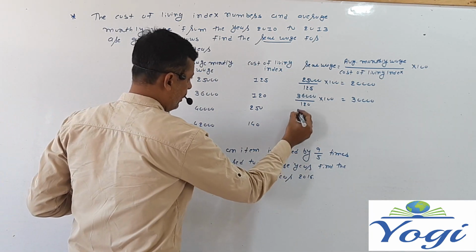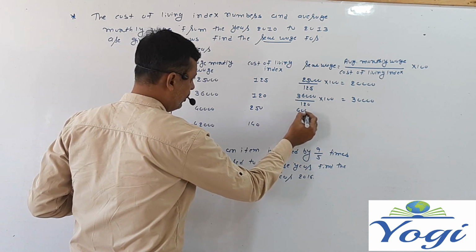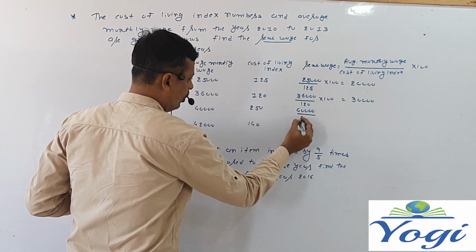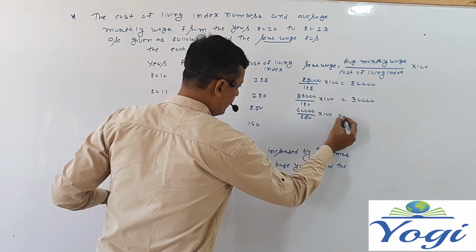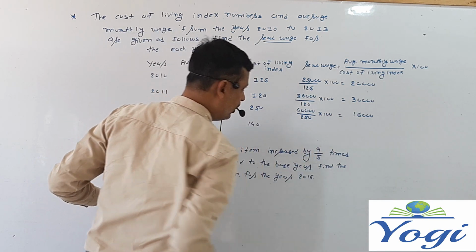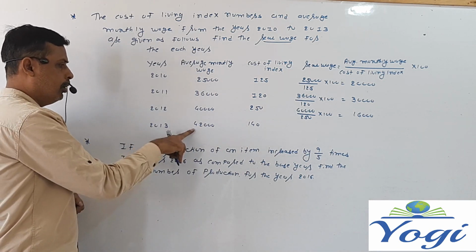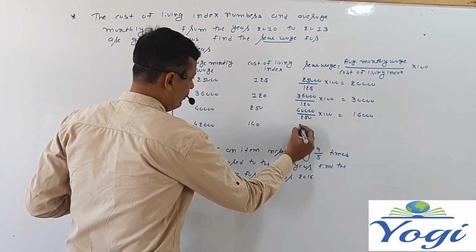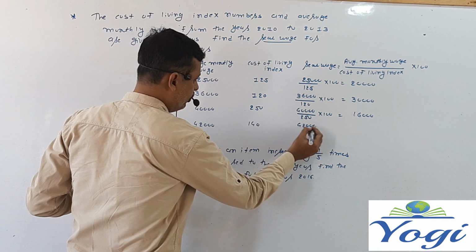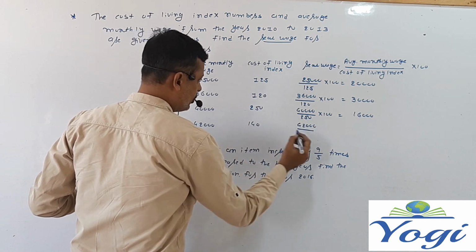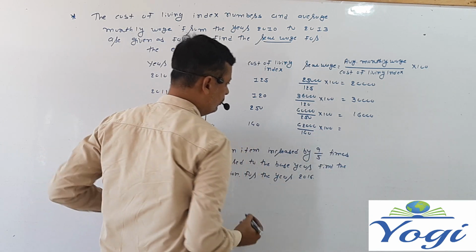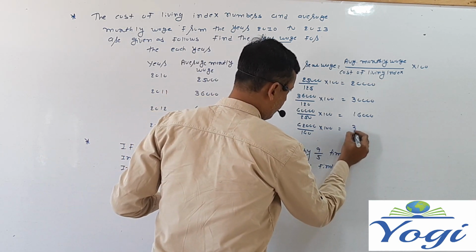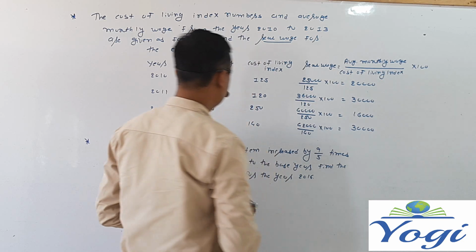In 2012, the average monthly income is 40,000, the cost of living index is 250, into 100 becomes 16,000. In 2013, the average monthly income is 42,000, the cost of living index is 140, into 100 becomes 30,000.